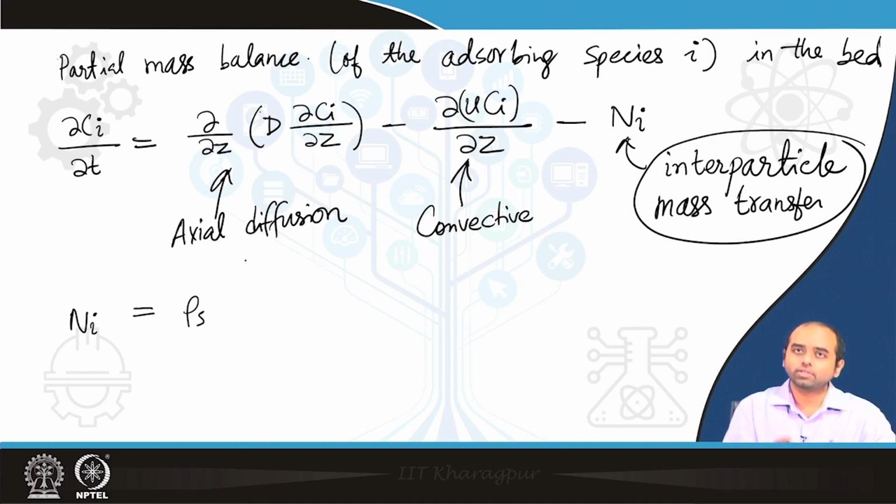This is very important because most of the adsorption actually happens in the particle, not in the bulk. So, when we are trying to model the bulk mass transport phenomena, there has to be a contribution from the particle mass transport, and the particle mass transport is mainly governed by the adsorption.